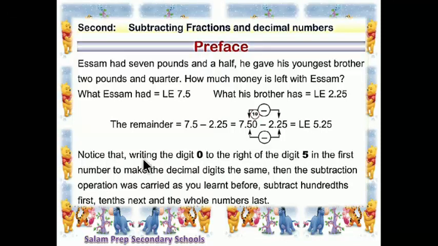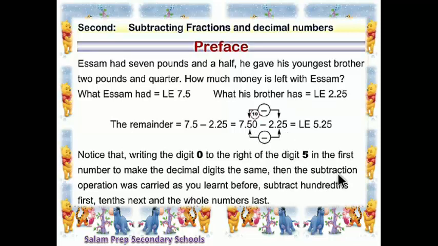Note that writing digit 0 to the right of digit 5 in the first number makes the decimal digits the same. In decimal part of first number there are 2 digits, okay? In decimal part of the second number there are 2 digits. We balance decimal part, okay?